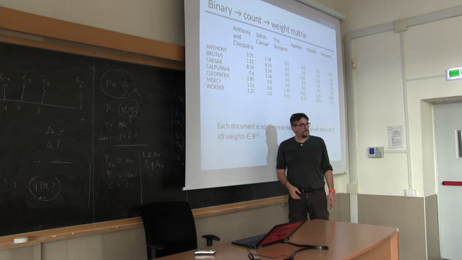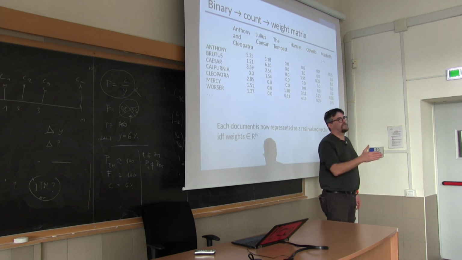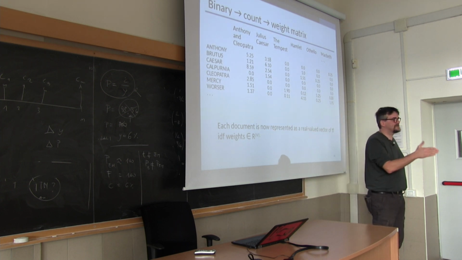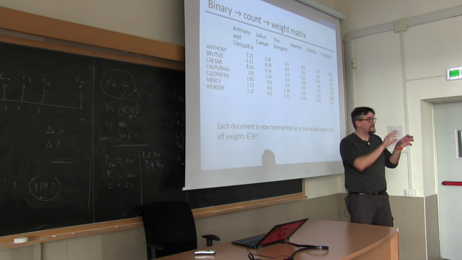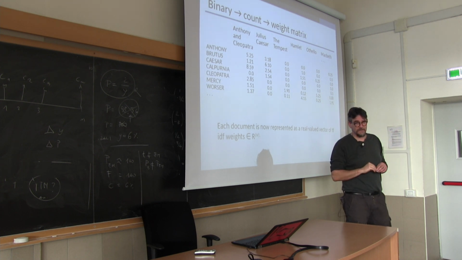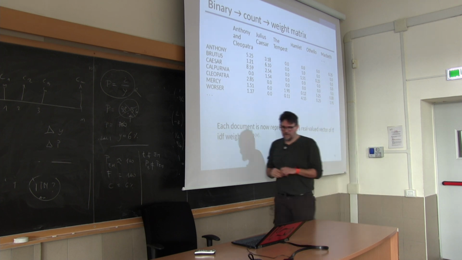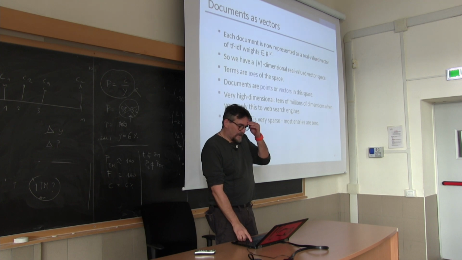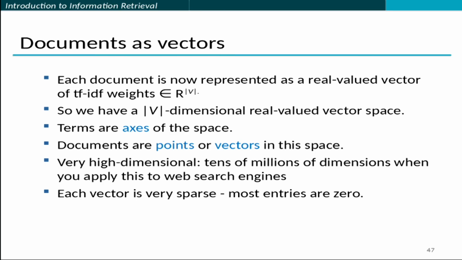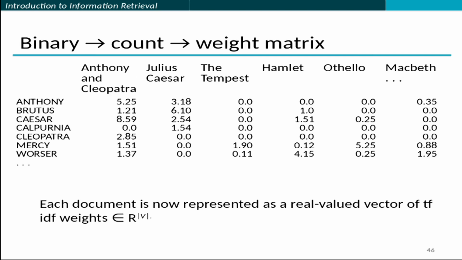Clearly, in order to compute the TF, we simply need the term and the document. In order to compute the IDF, we need the term and the collection of documents. Okay? Good. So now each document is represented as a vector in this v-dimensional space of real numbers.